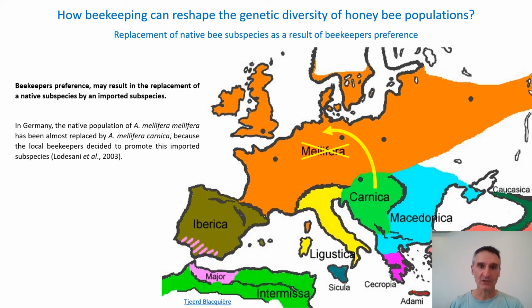This occurred in Germany, where the native population of Apis mellifera has been almost replaced by Apis mellifera carnica, a subspecies native to southeastern Europe.